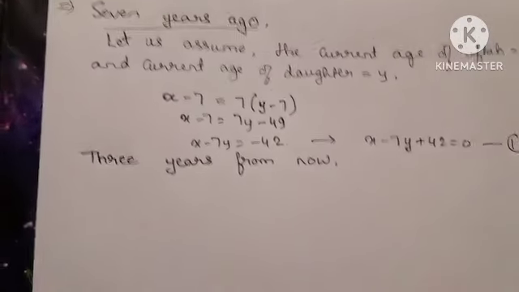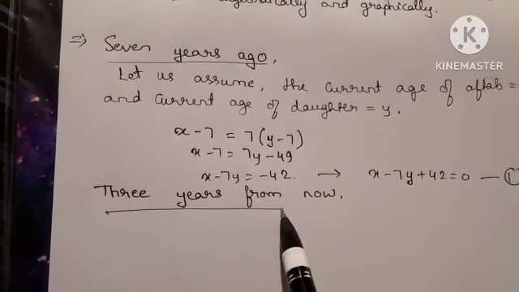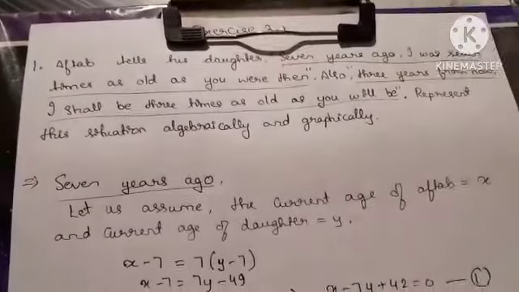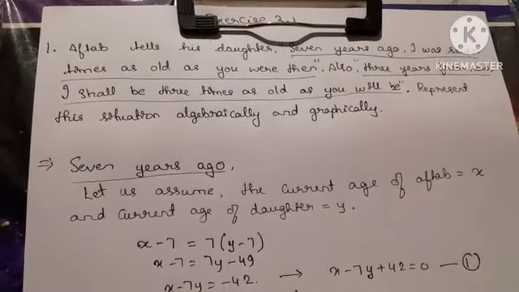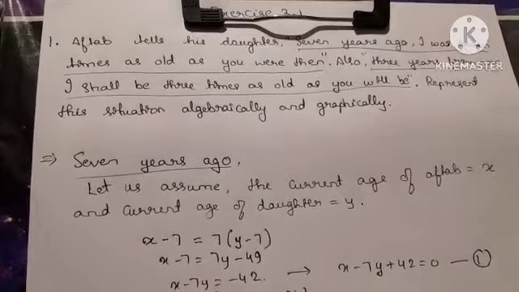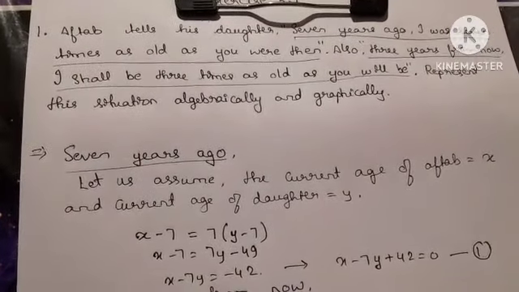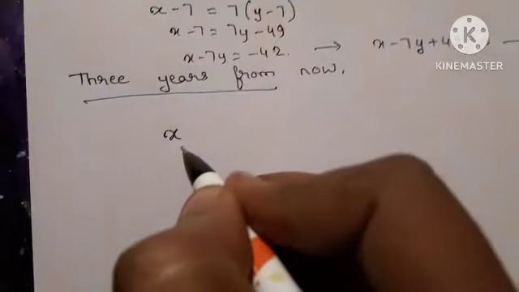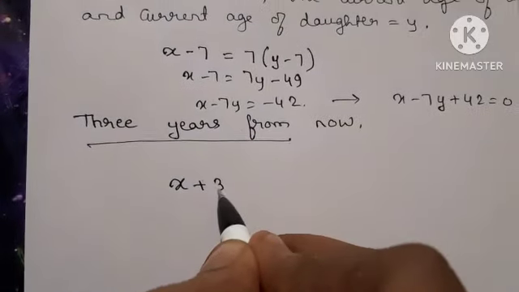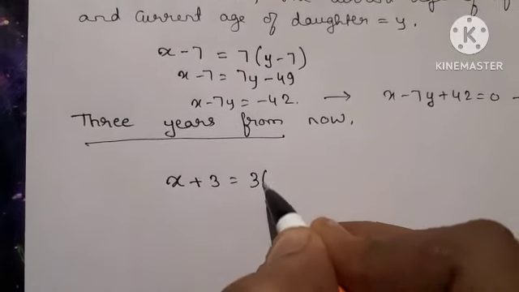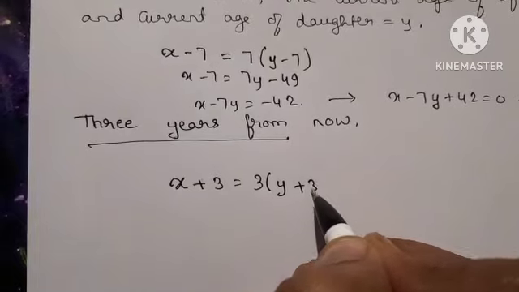So now for the second statement, 3 years from now he states that he shall be 3 times as old as she will be. So it states that after 3 years, that is x plus 3, he will be 3 times as old as she will be, so it will be y plus 3.